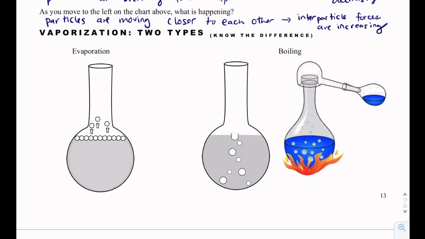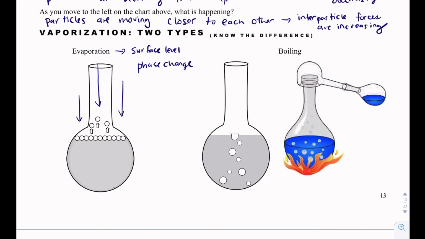And this is because evaporation is specifically a surface level phase change. In evaporation, heat typically comes from above, and so the particles at the surface level are the ones that get warm enough to enter the gas phase.